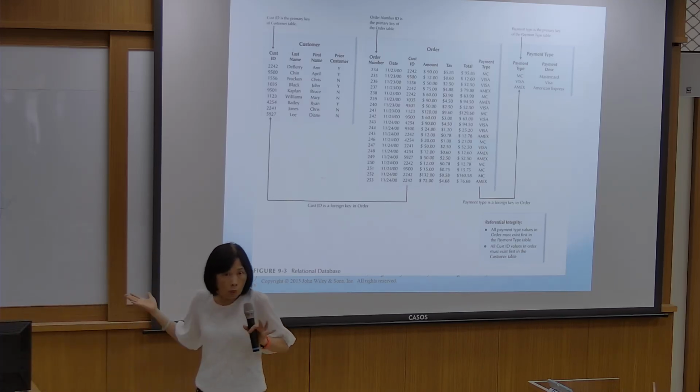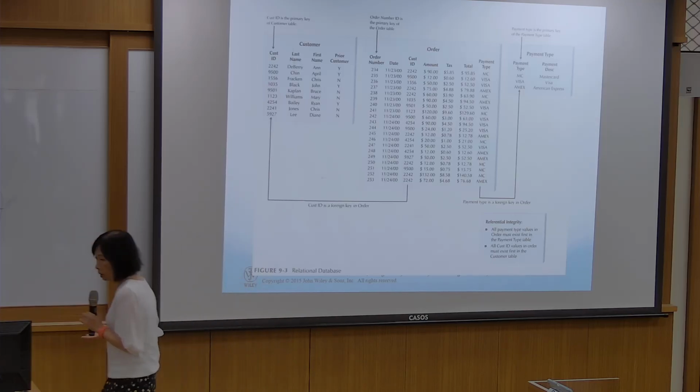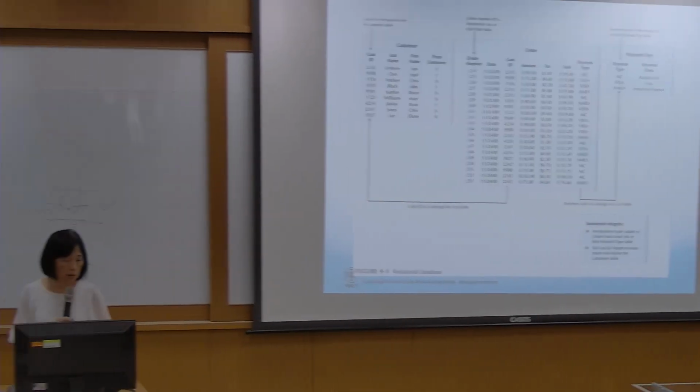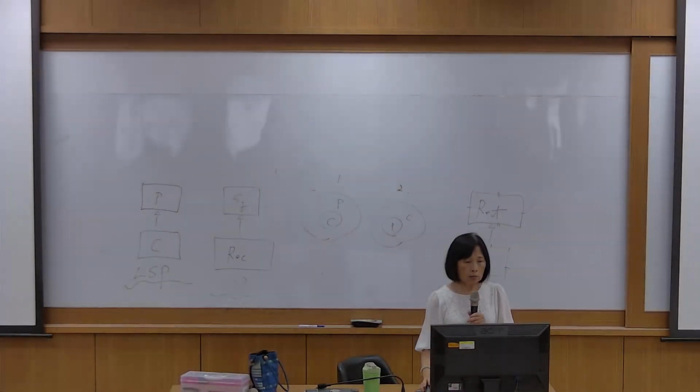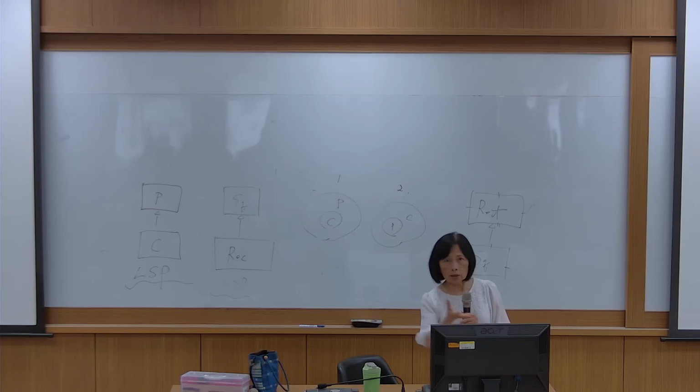So that's what a relational database should be. Whenever we need to have multiple values, we take it out, and what we call it is normalization.